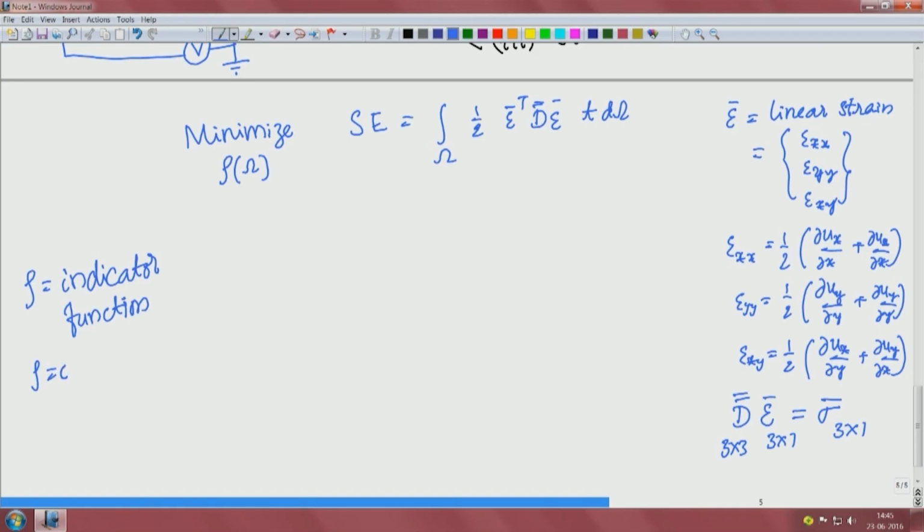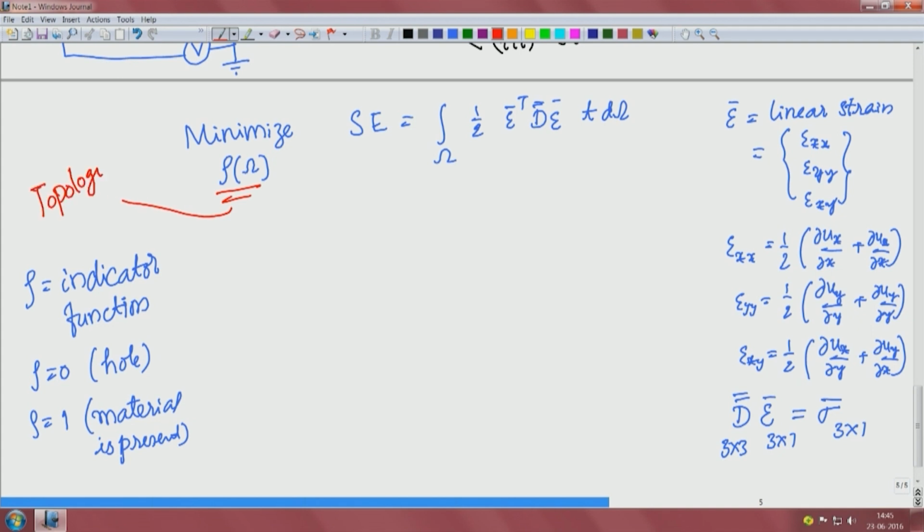If rho equal to 0, it is a hole there, rho equal to 1, material is present. Essentially by doing this, we are solving what is known as a topology optimization problem.